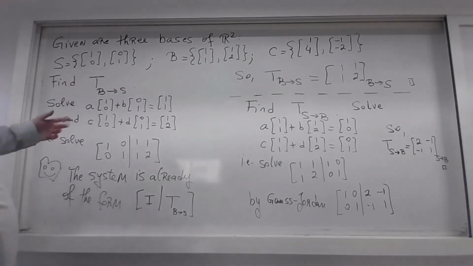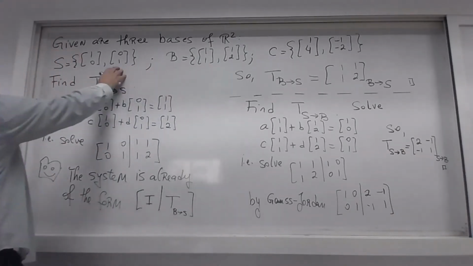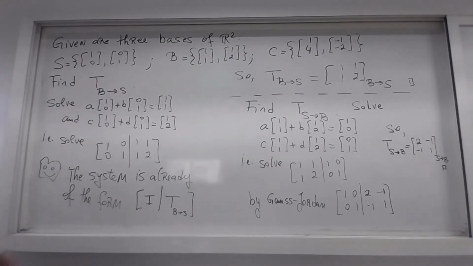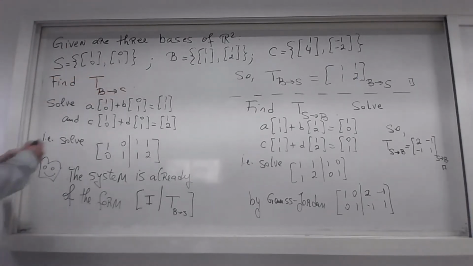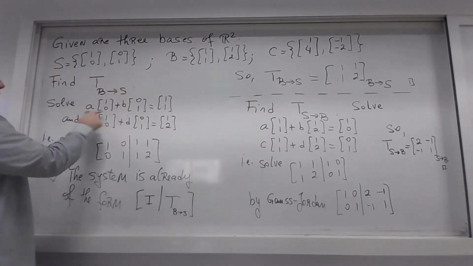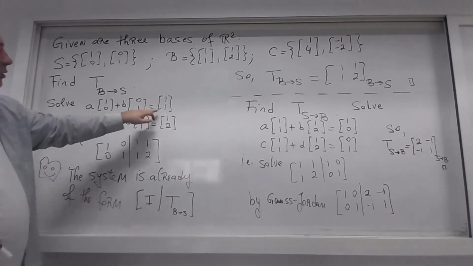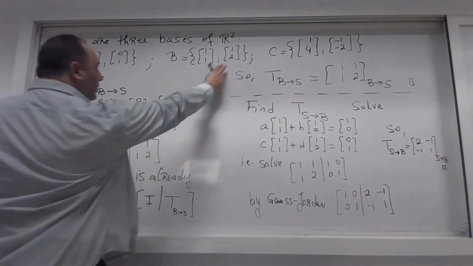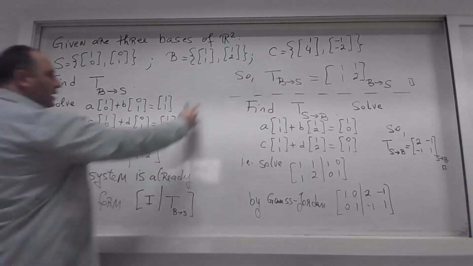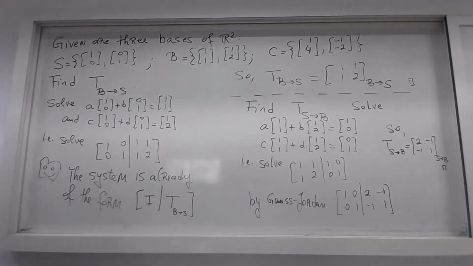Again, we are looking to express every vector from basis B as a linear combination of vectors in basis S. So, a vector from basis B needs to be a linear combination of vectors in basis S. So I need A times the first standard vector plus B times the second standard vector equal to the first vector from basis B. So that's done, and then I need also to find the second vector from B as a linear combination of vectors from basis S, from the standard basis.